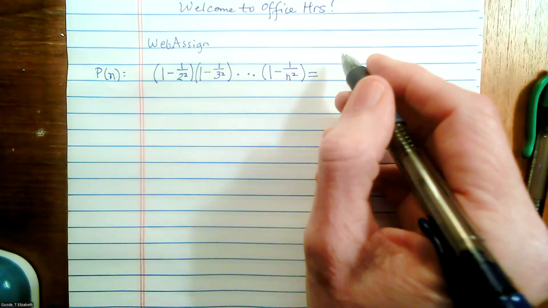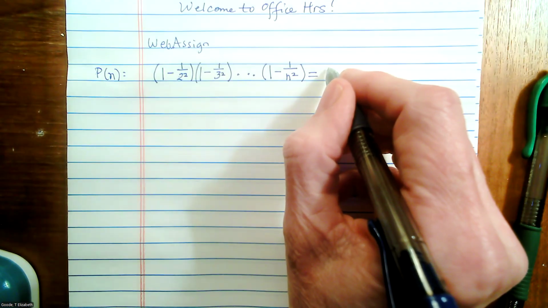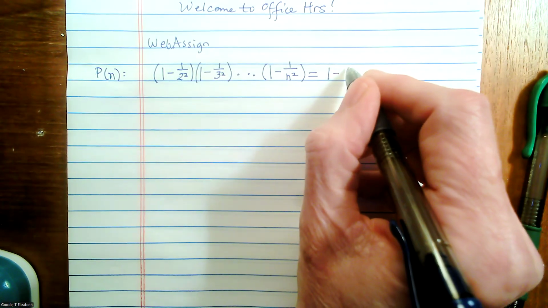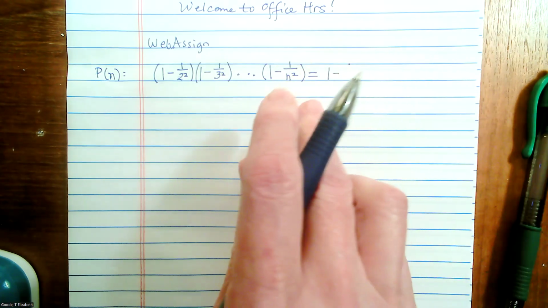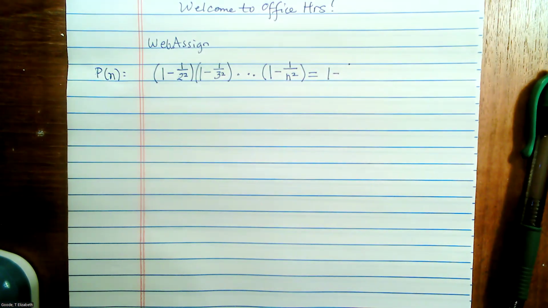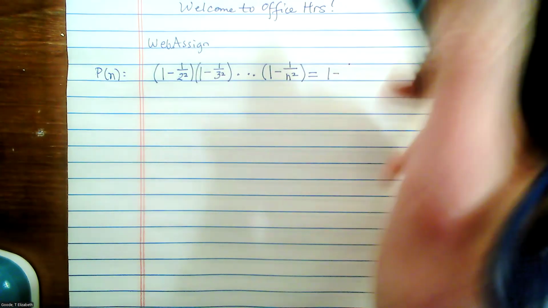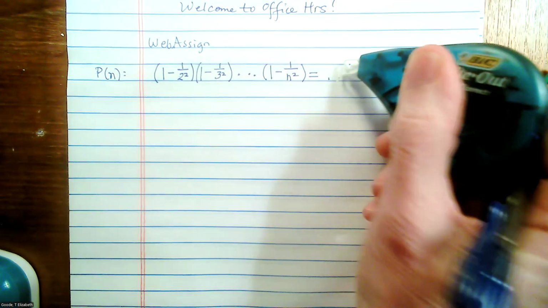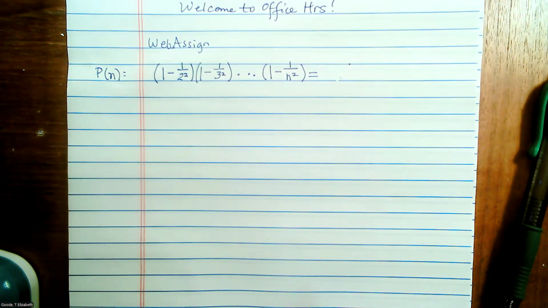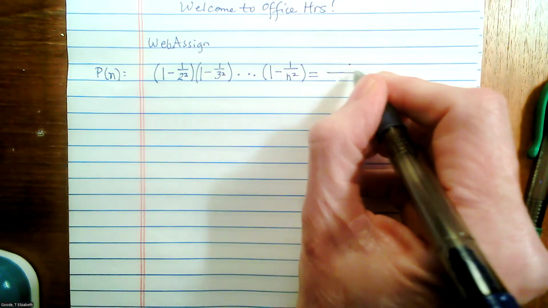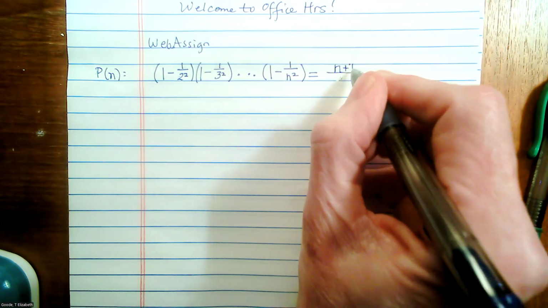It's 1 minus 1 over k squared. That's not the right-hand side of the statement. If you just go back and look up at where P of n is, it says, I see, yeah, it's n plus 1 over 2n.